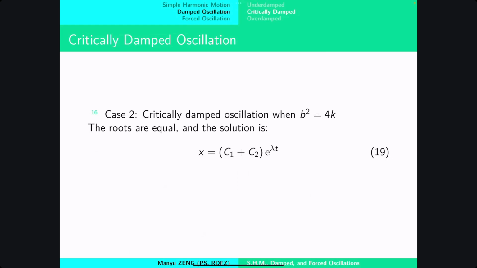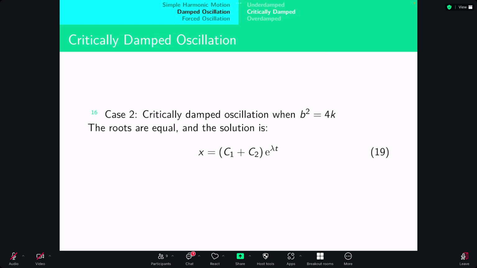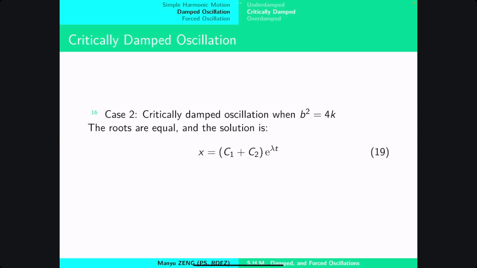Here we must note that C1 and C2 are both arbitrary constants. But if we add them together, it will form another arbitrary constant. No matter what we choose for C1, C2, it will always give another arbitrary constant. It will not give anything special, right?